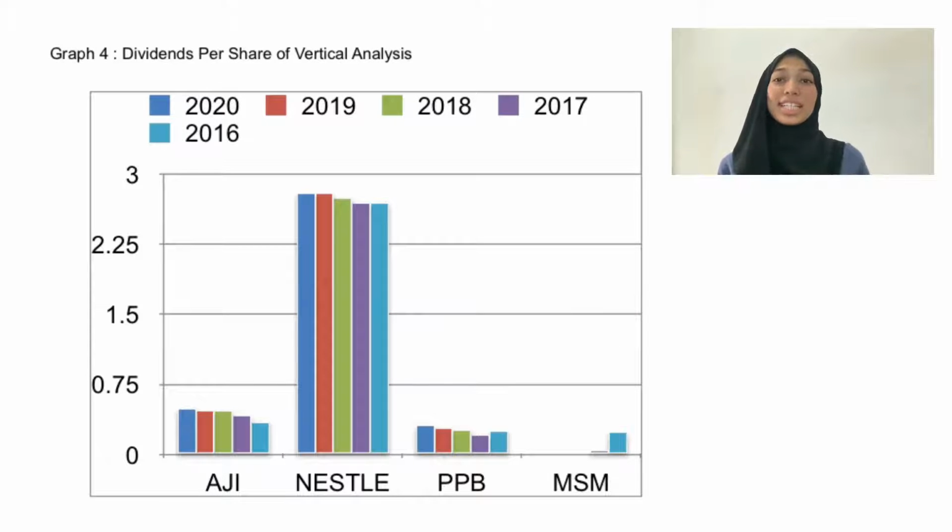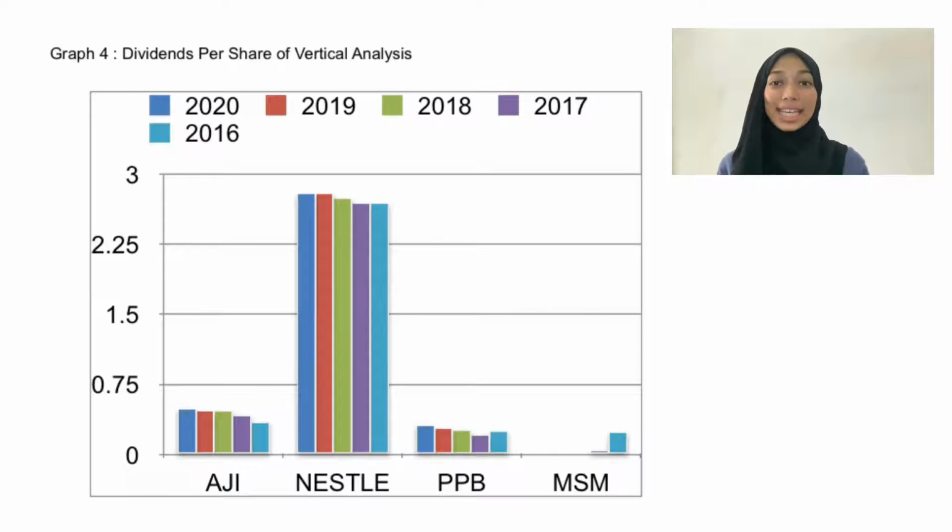Dividend per share is translating total common dividends paid by a company into per share. The overall performance of Ajinomoto, Nestlé and PPB is active as it is increasing steadily from 2016 to 2020 compared to MSM. This shows that the firms have the ability to pay consistent dividends to their shareholders.